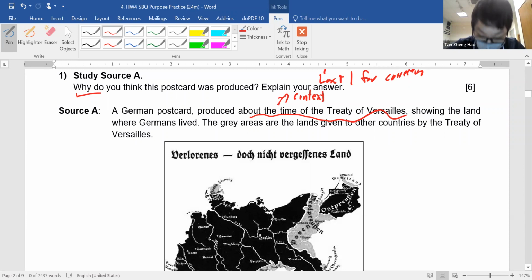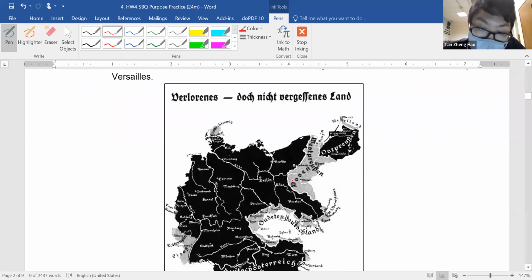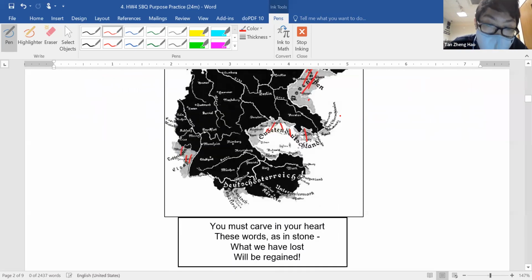The land where Germans live, and you can see the territories which were carved out of Germany and given to other countries. You see these areas, they've all been taken away from Germany. On top of the postcard there's something written. It says you must carve in your heart these words as in stone: what we have gained, lost will be regained.